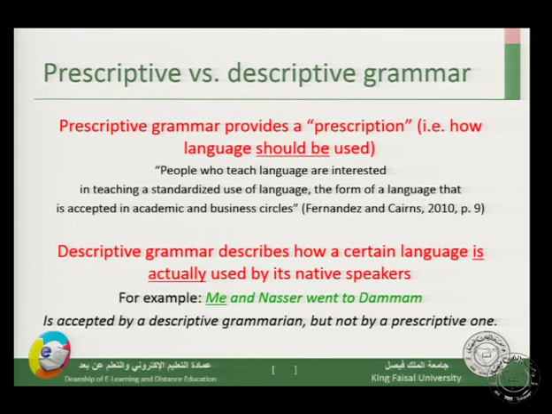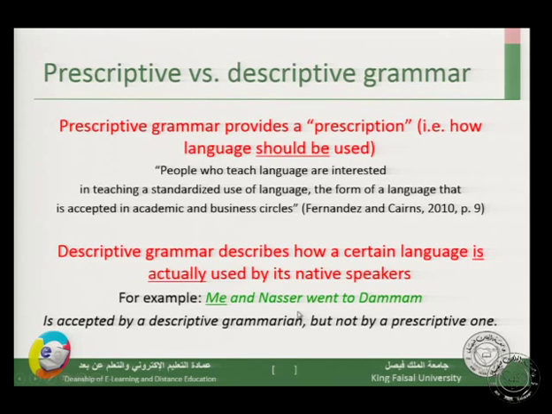So the use of such pronouns, in this particular sentence, is commonly used by native speakers. Such a sentence, which we have here in green, me and Nasser went to Dammam, is accepted by a descriptive grammarian. Why? Because it is used by native speakers. It is commonly used. But a prescriptive grammarian will tell you that this sentence is wrong.